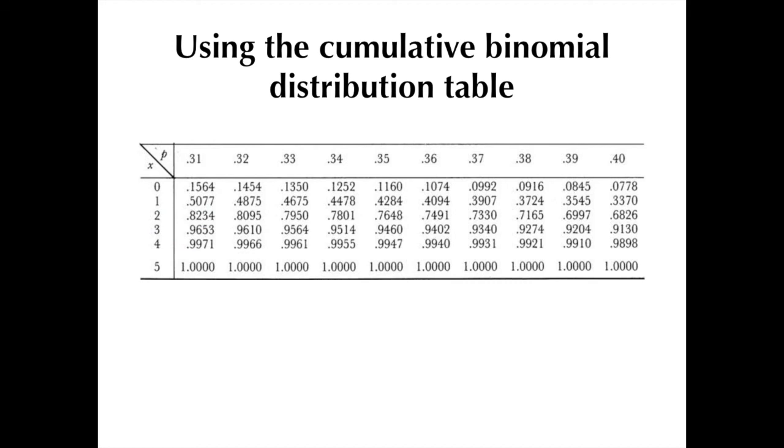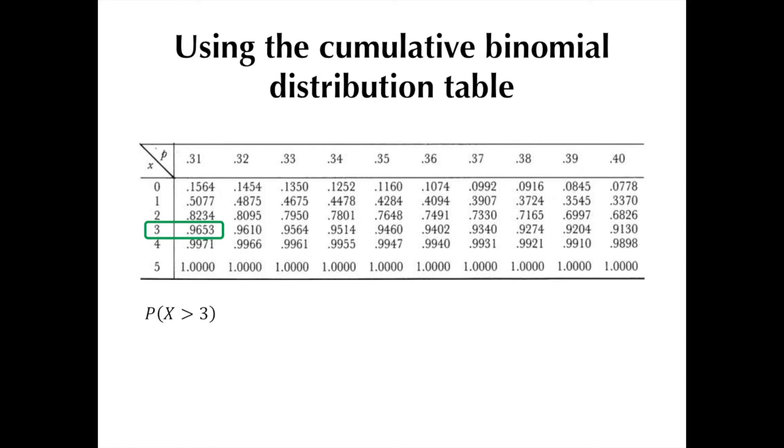Now, what if we want to know the probability that x is more than 3? If we look here in the table where x is equal to 3, we note the cumulative probability of 0.9653. We are, however, interested in the probability that x is more than 3, not including 3, that is if x is 4 and above. We already know that the sum of all probabilities in a given binomial distribution is 1.